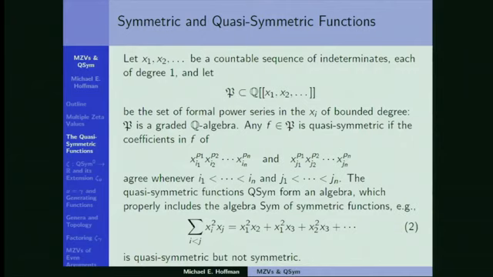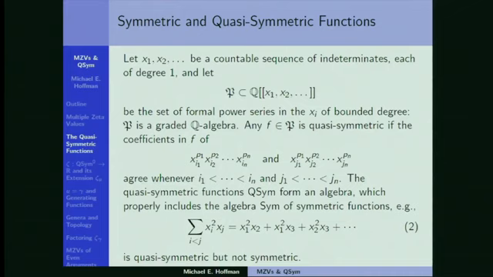So for example, this thing at the bottom is a quasi-symmetric function. It's the sum of all the monomials x_i squared x_j, where i is smaller than j. That's a quasi-symmetric function. It's not a symmetric function.